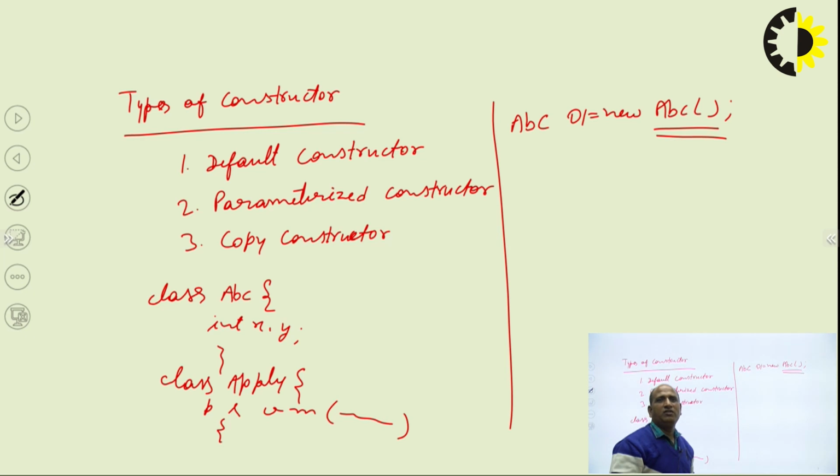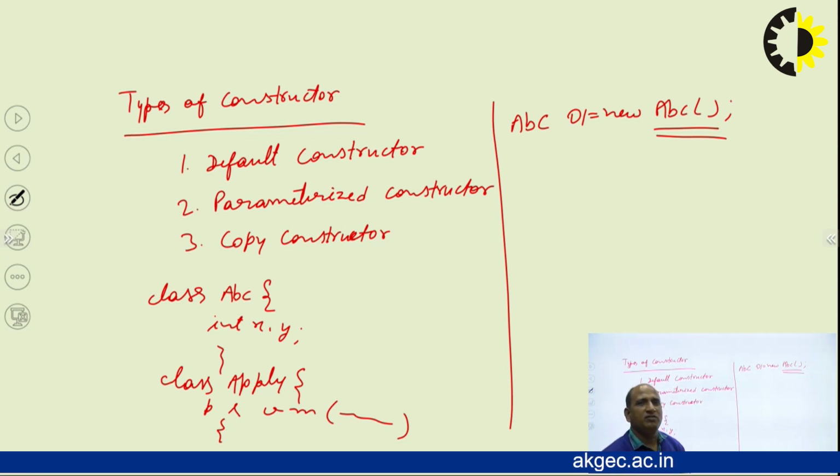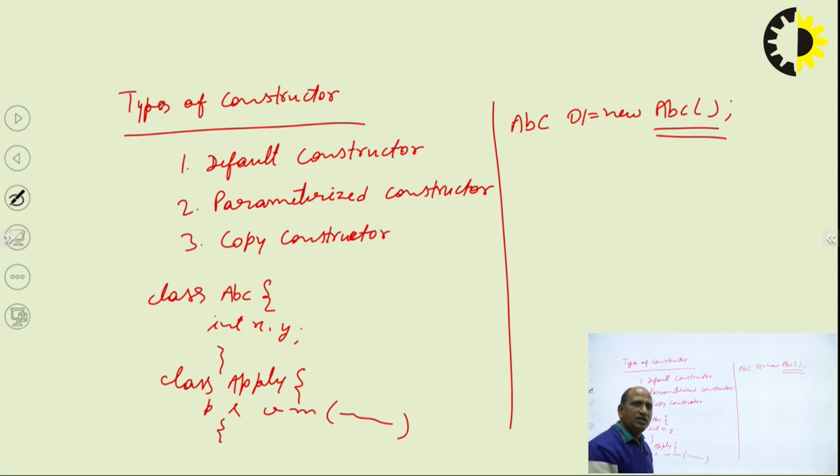But one point we have to remember: if no constructor has been defined in your class, then this default constructor is available for you. But once you define your own constructor, then this default constructor will not be available. If you want to use it also, then that constructor also has to be declared.